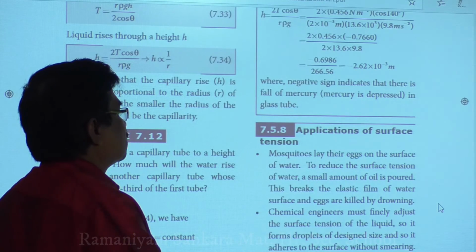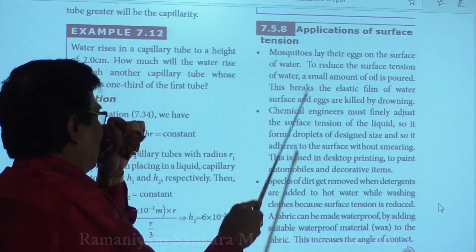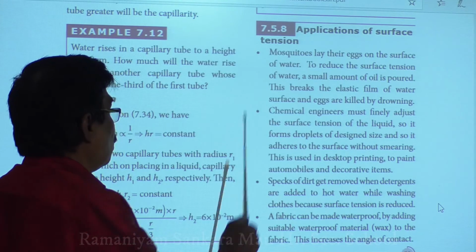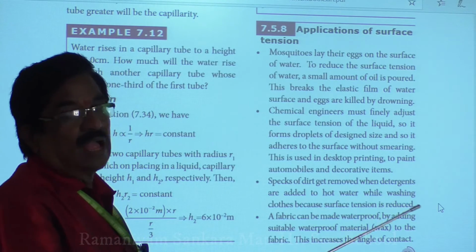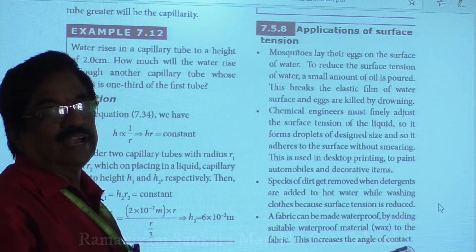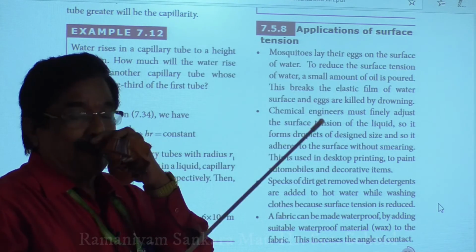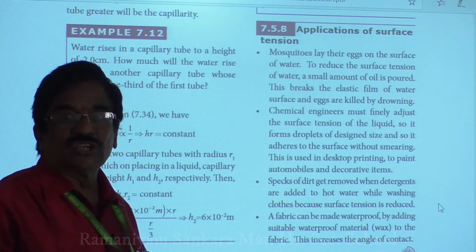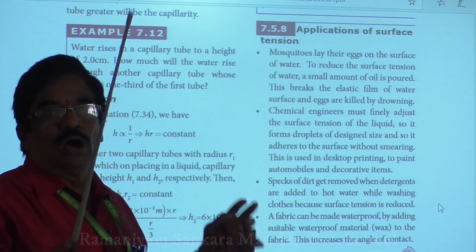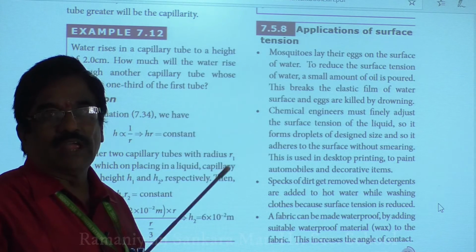Now, applications of surface tension. Why do you want to learn surface tension? What are the uses? This is a 3-mark question. If it is more, you have to write it as a 5-mark question. First, mosquitoes. Nowadays it is the rainy season, and you are asked not to let water log. What is water logging?